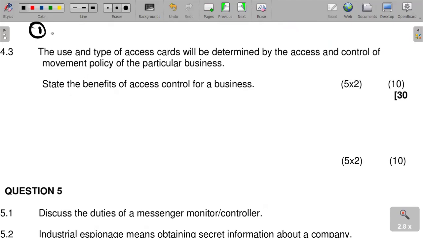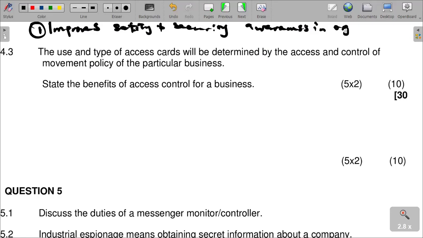One, we are saying it actually improves safety and security awareness in the organization.